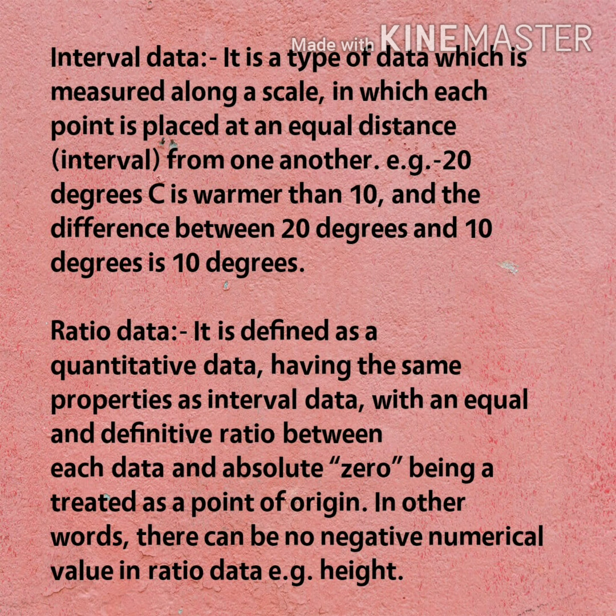Ratio data is defined as quantitative data having the same properties as interval data, with an equal and definitive ratio between each data point and absolute zero being treated as a point of origin. In other words, there can be no negative numerical value in ratio data. For example, height.